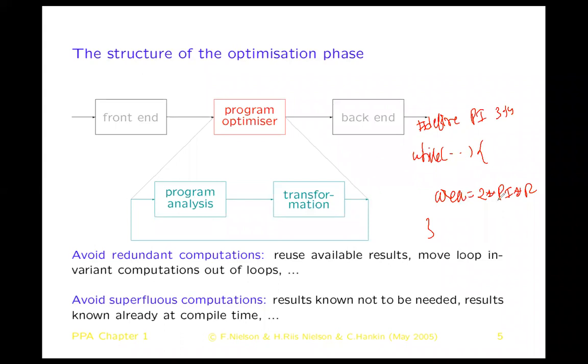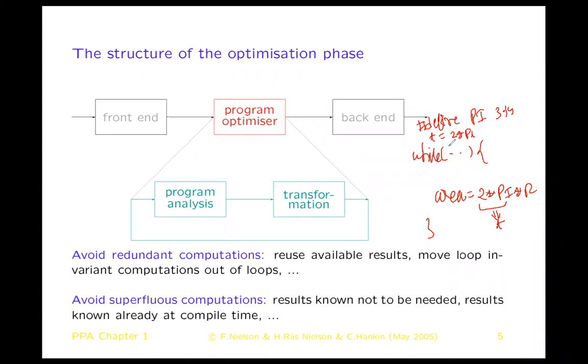So this 2 pi will be computed again and again through multiple iterations of the while statement. It's a redundant computation. You know the value of 2 times pi, so we might as well move this 2 times pi outside the while loop and use its value. You can transform this code by saying t is equal to 2 star pi, and then replace this 2 star pi with t here, and it's good.